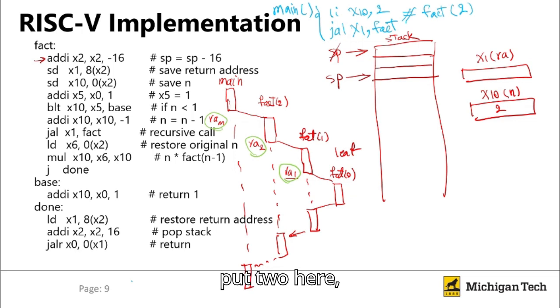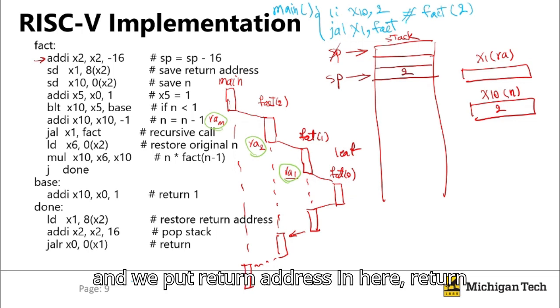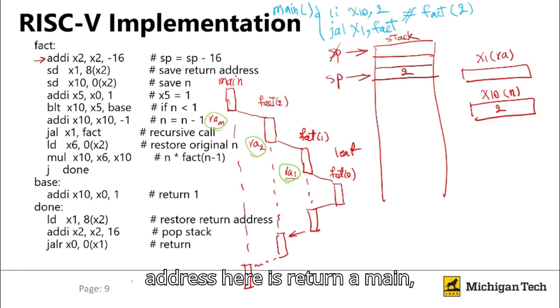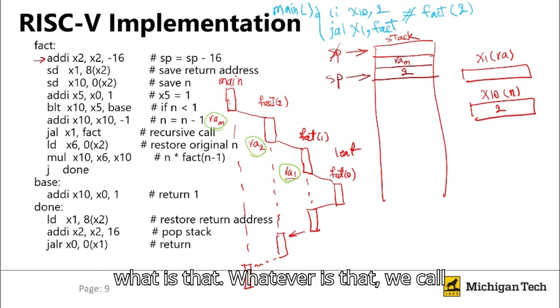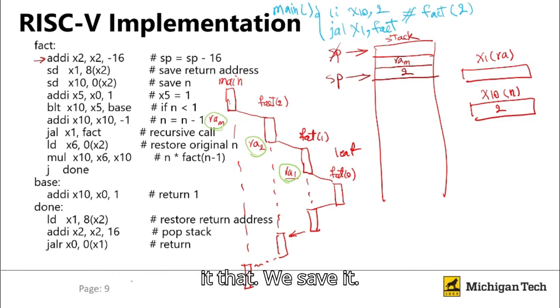We put 2 here, and we put the return address in here. The return address here is return address main, RAM. We don't know what it is, whatever it is, we call it that. We save it. We store it in the stack.